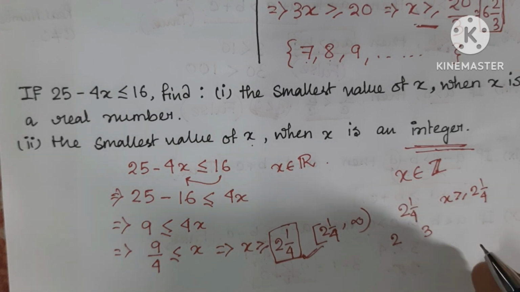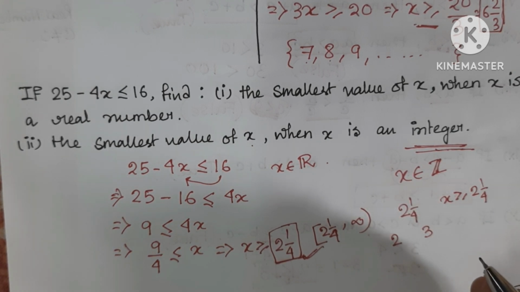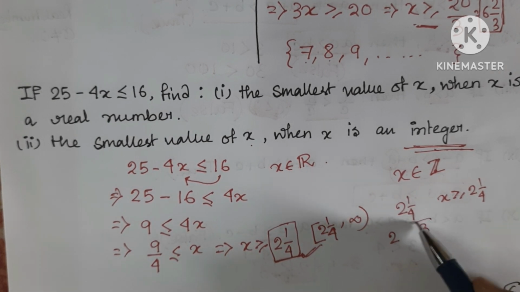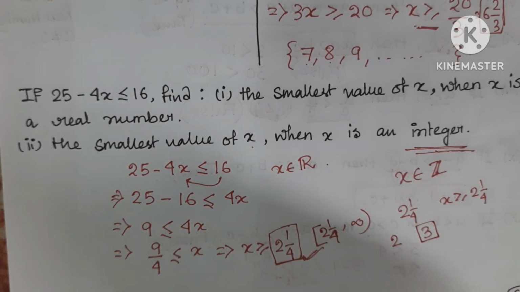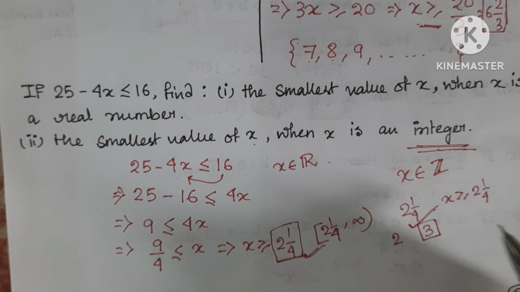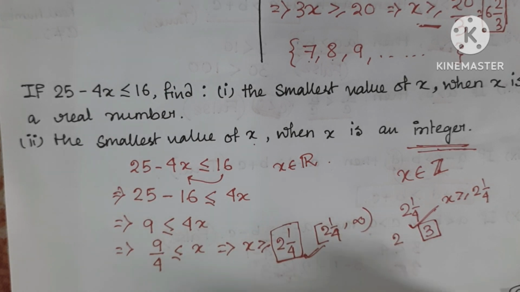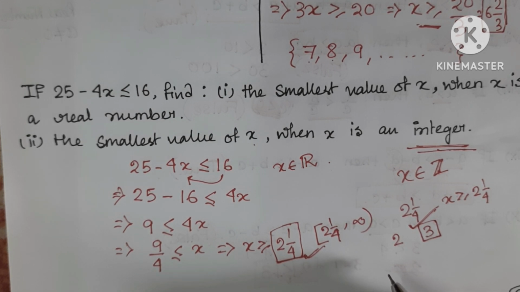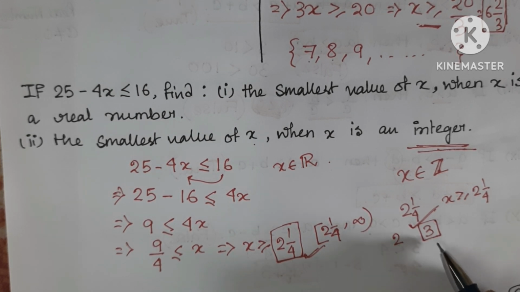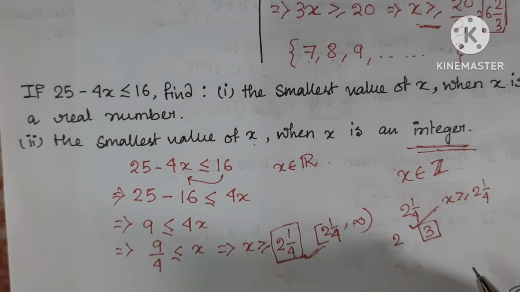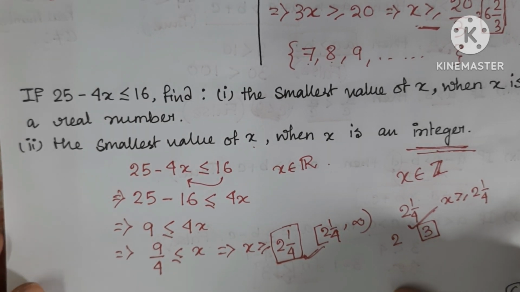So it starts from 2 and 1 by 4. So 2 is out of context. So 3 will be the integer value. Here 3 will be the smallest value. When x is an integer, the smallest value of x will be 3, not 2. Okay. Understood?